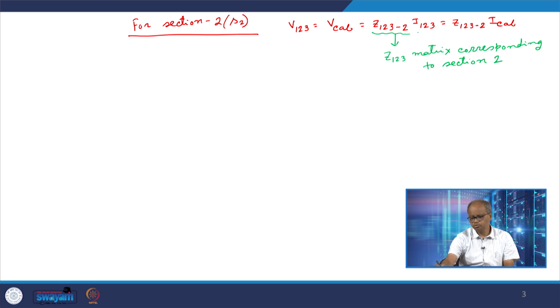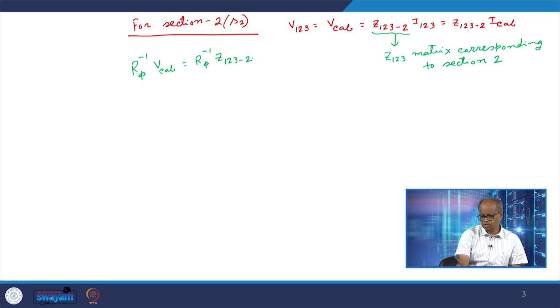So this last 2 denotes section 2. Now, to make it VABC, what we do is pre-multiply by R phi inverse, and we have already discussed what this matrix is, so we are not repeating this. So VCAB would be equal to R phi inverse Z123-2 into ICAB.